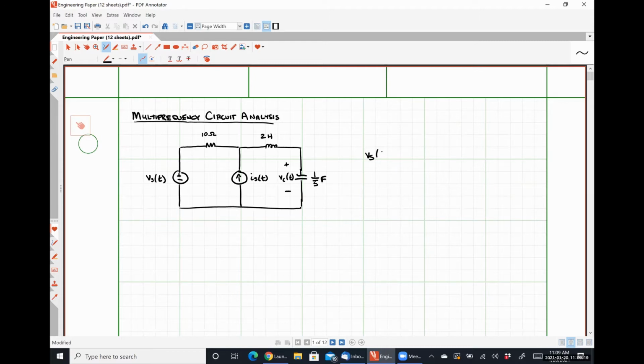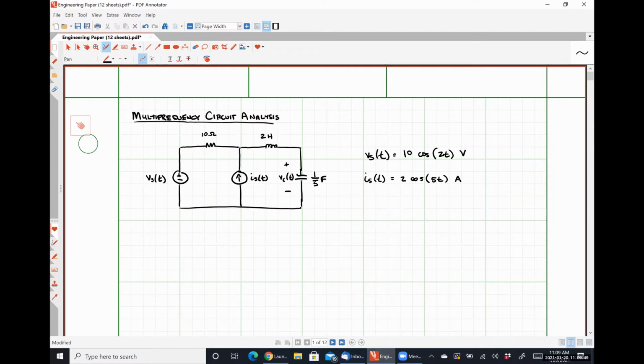And I'm going to say that Vs of t is 10 cosine 2t volts, and Is of t is 2 cosine 5t amps. So there are two different sources in the circuit, and they are operating at two different frequencies.